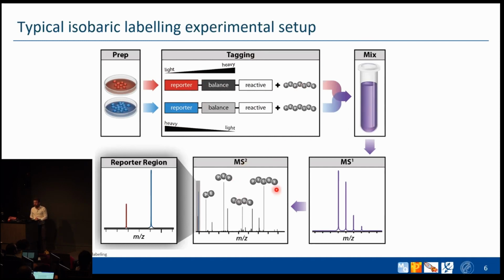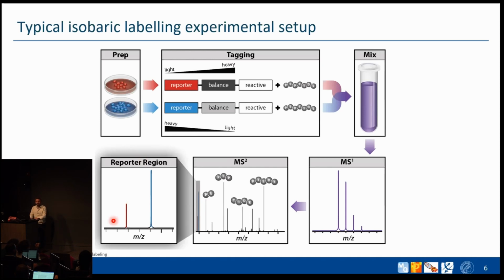But after the MS2 cleavage event, in the reporter region, which was around 120, 230, something like this, depending on the tag, you can see the blue and the red tags, and you can quantify by just taking the ratio.